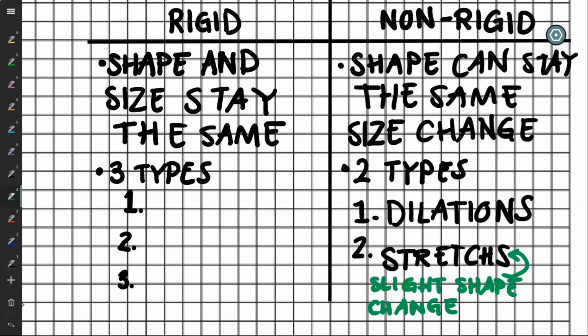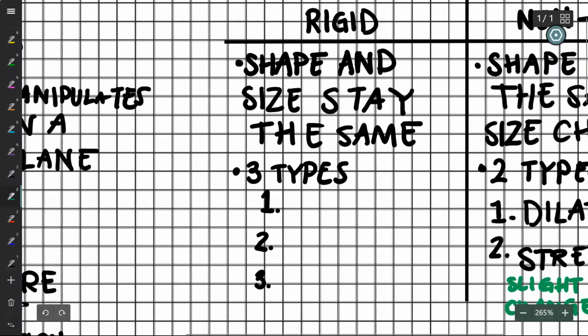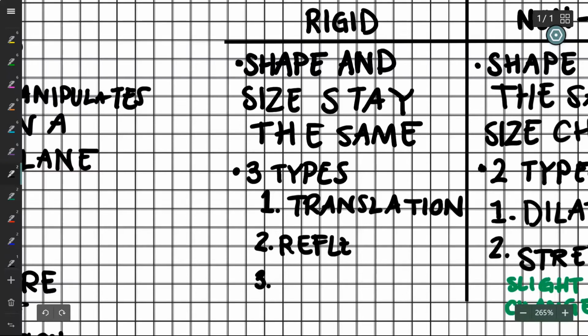Our 3 types of rigid transformations: the first one is called a translation. Then we have reflections, and rotations.